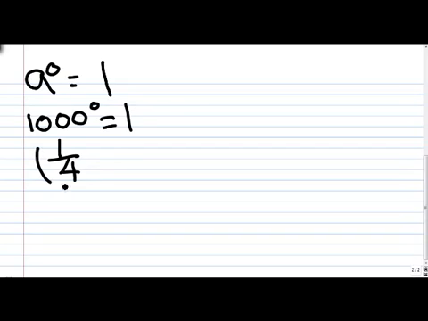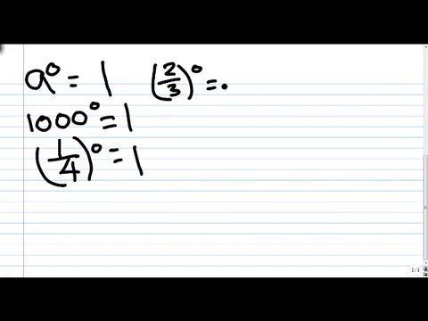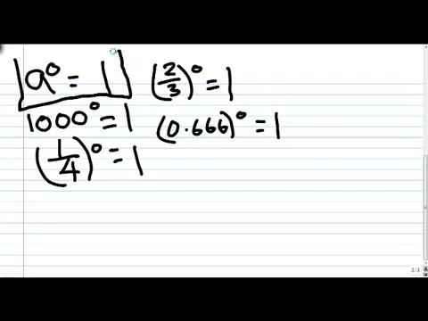A quarter to the power of 0 is also equal to 1. 2/3 to the power of 0 is also equal to 1. 0.666 to the power of 0 is also equal to 1. So in general, a to the power of 0 is equal to 1.